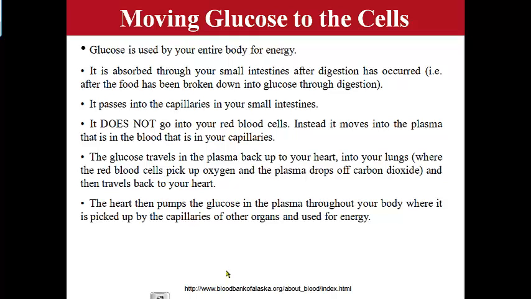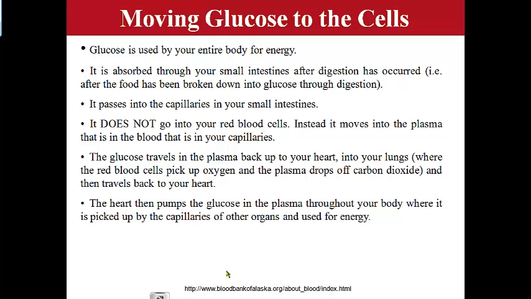And then that glucose gets absorbed into your small intestines, and your small intestines are filled with all of these capillaries. The glucose travels through the very thin capillary walls and goes into your blood inside the capillaries. Now, again, it does not go into your red blood cells. It goes into the plasma.